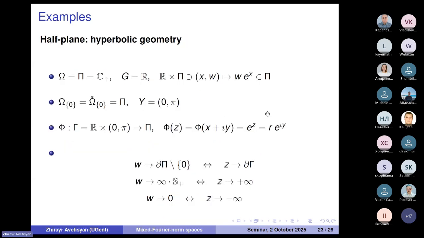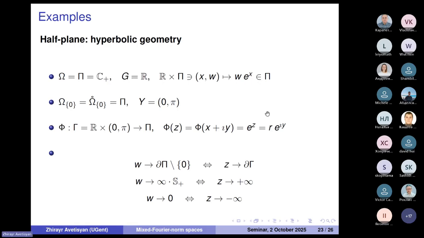All right, now, as I said, a less trivial example is the half plane with the hyperbolic geometry. Now, in this case, the domain omega is the half plane, upper half plane, C plus or capital pi or whatever.